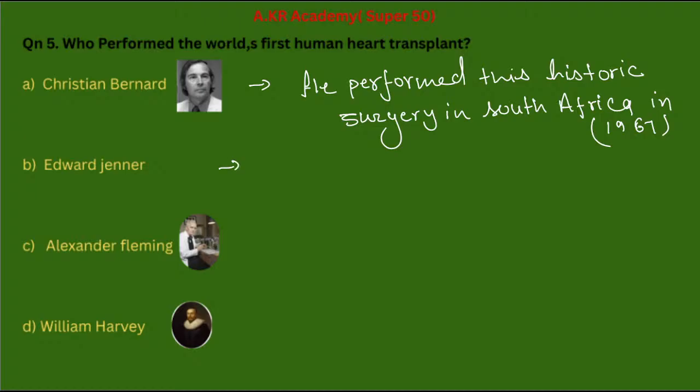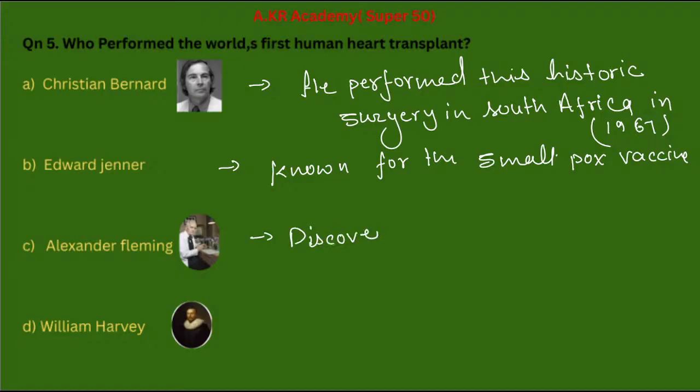And Edward Jenner is known for the smallpox vaccine. He founded the smallpox vaccine. Next one is Alexander Fleming. Alexander Fleming discovered penicillin, the antibiotic.